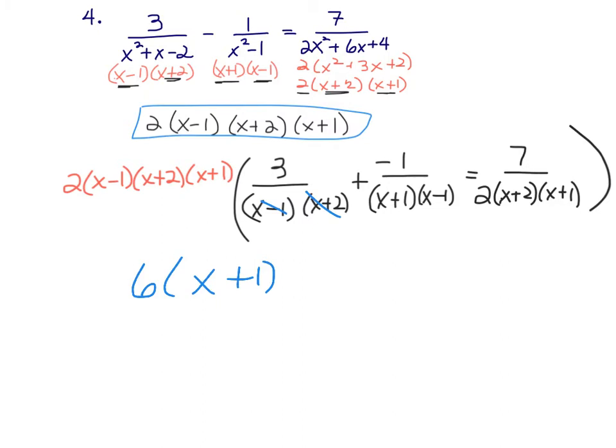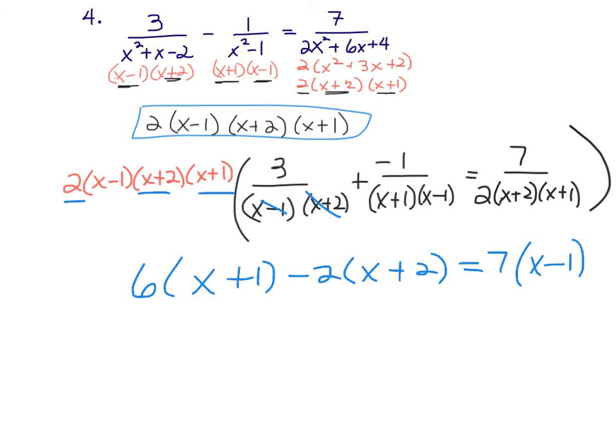And that's what that middle term will be. Let me get rid of the stuff and I'll put it back. And then the last one, the only thing that it's missing is the x minus 1. Because it's got the 2, it's got the 1, and it's got that 2. So 7 times x minus 1.